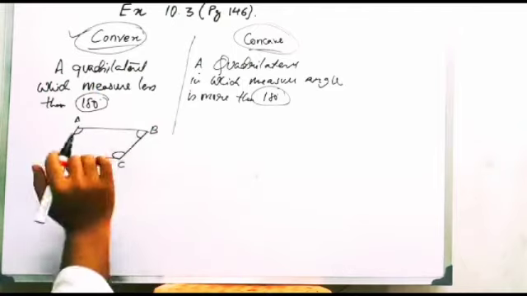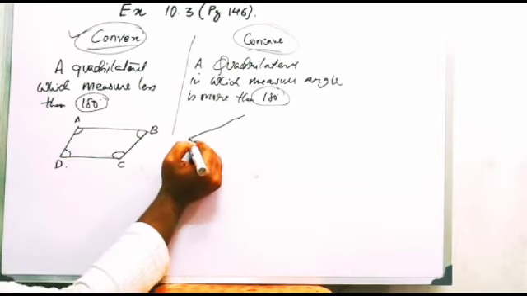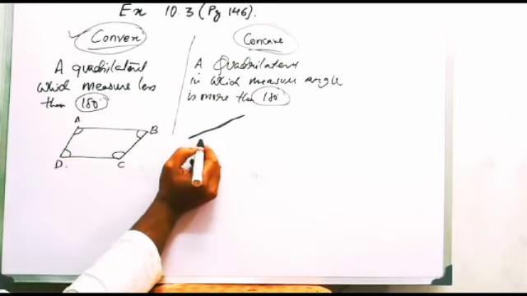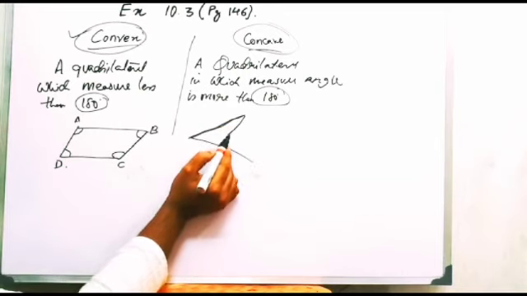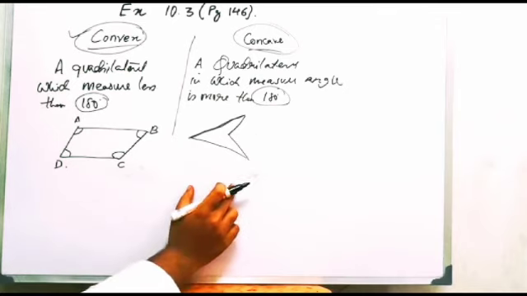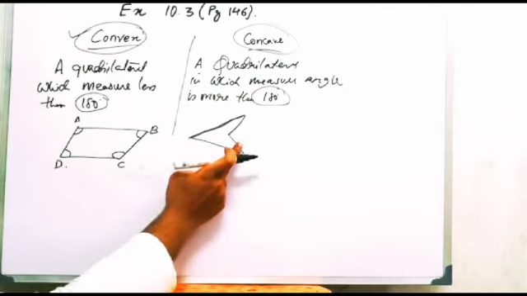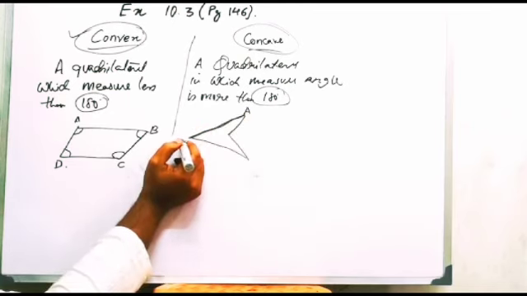But in the case of concave, this is also a four-sided figure. 1, 2, 3, 4. Okay, so name this figure.